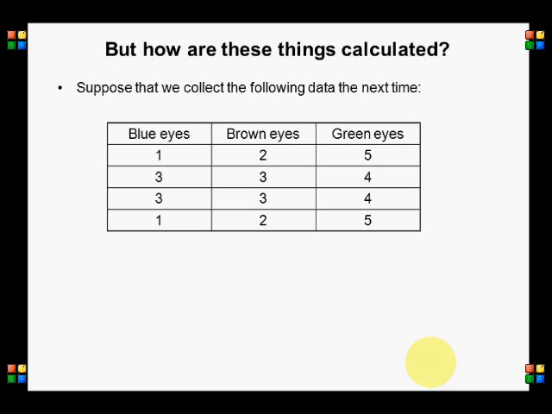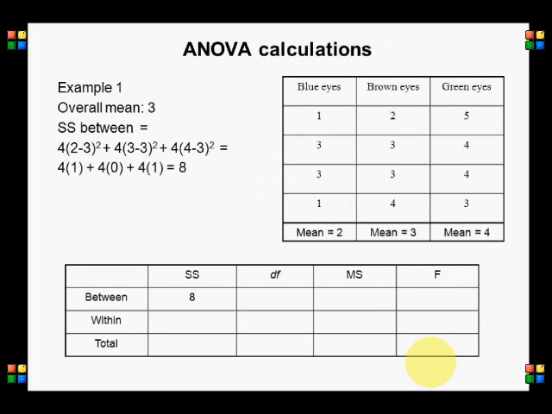Now, suppose we run this study again, and we get the following data. It's a little bit different, and if we look at it, there is some variation within each group. There's a little bit of difference in the blue eyes, the brown eyes, and the green eyes. But if we look at the means, they have also changed, and we're going to have to determine whether or not there are any real differences in these groups.